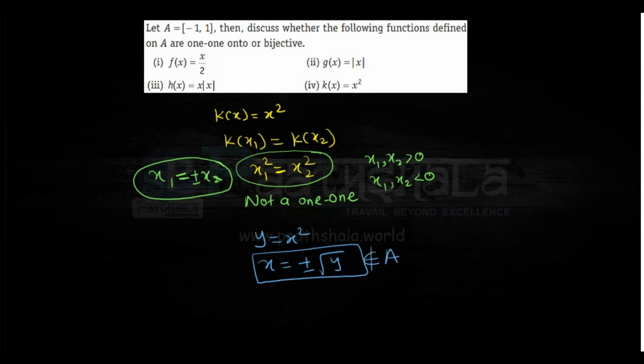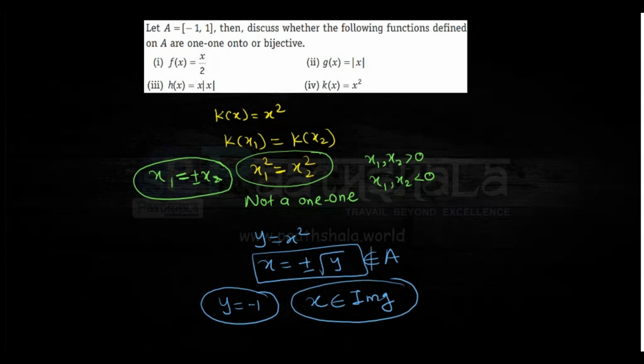Because if we take y equals minus 1, then x will become imaginary, which does not belong to capital A. Hence, it is not an onto function. So k of x equals x square is neither one-one nor onto.